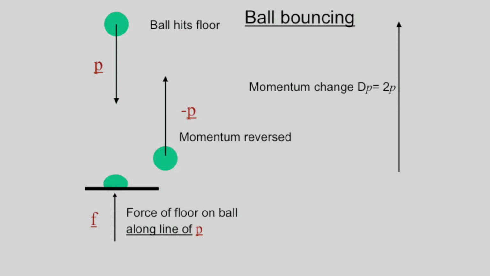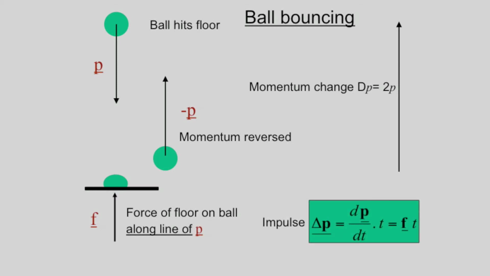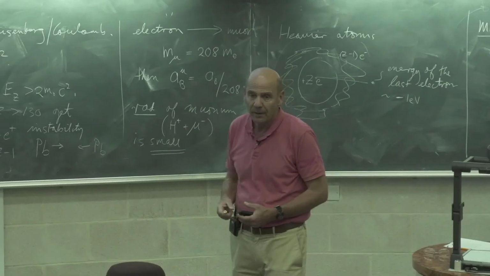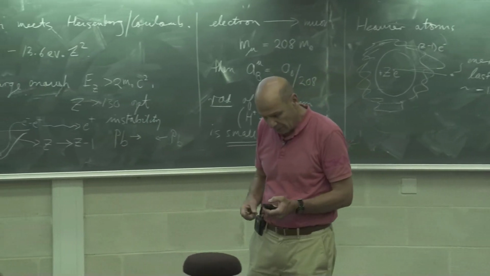The magnitude of the momentum change is 2p. So we had p going down and then p going up, and the change is 2p, and that change is caused by the action of the force, and the force times the time is the change of momentum. It's called the impulse, and you dealt with that, I think, earlier with Mr. Hughes.